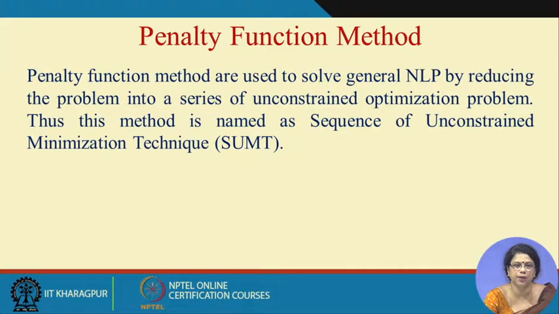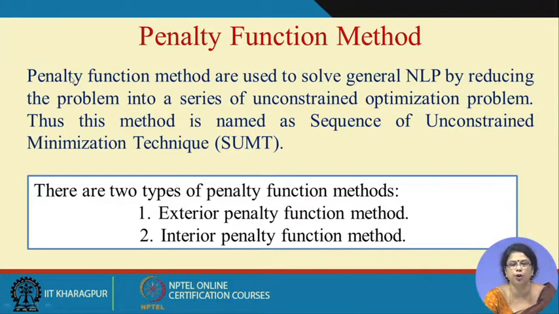Now, from the sequence of solutions, we take the decision what could be the solution of the original nonlinear programming problem. Generally, in this penalty function method, there are two types of methods. One is the exterior penalty function method and another one is the interior penalty function method.